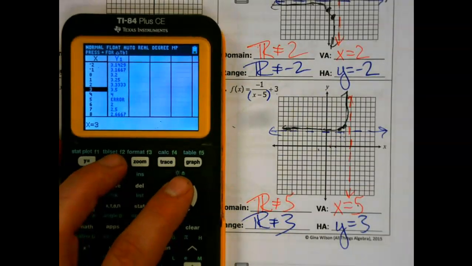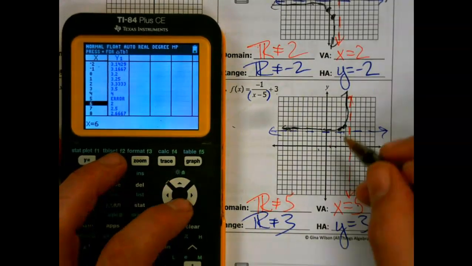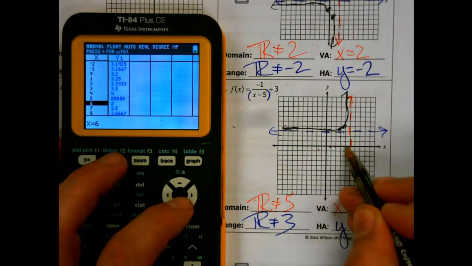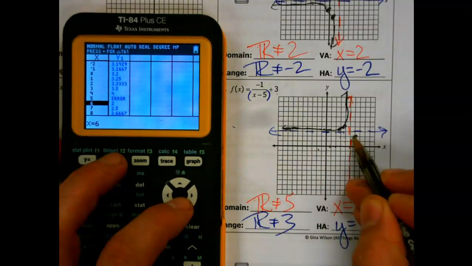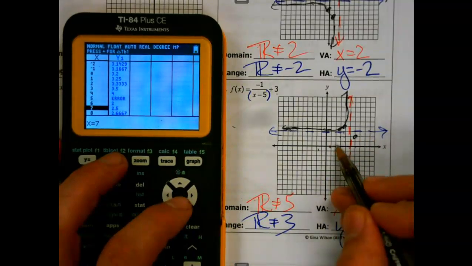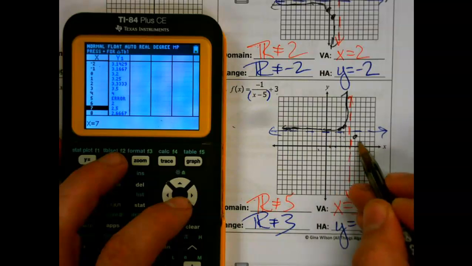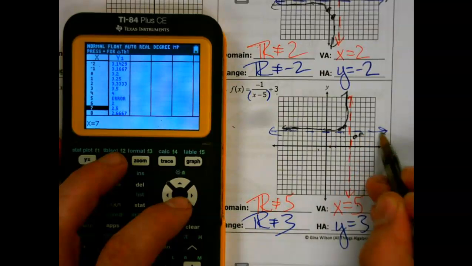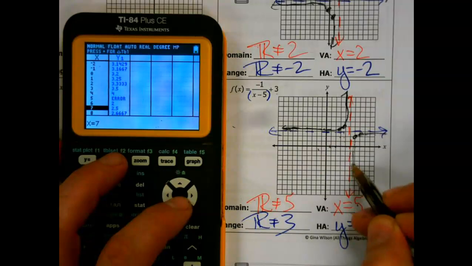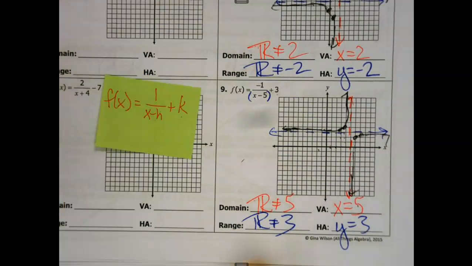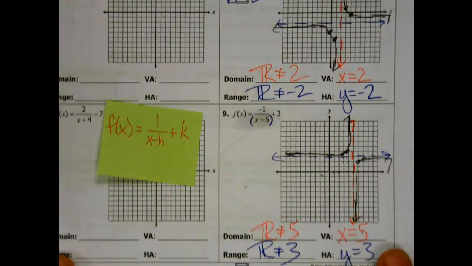Get my branch in. 6. 1, 2, 3, 4, 5, 6. 1, 2. 1, 2, 3, 4, 5, 6, 7. 1, 2.5. And here's the last thing I want you to notice.